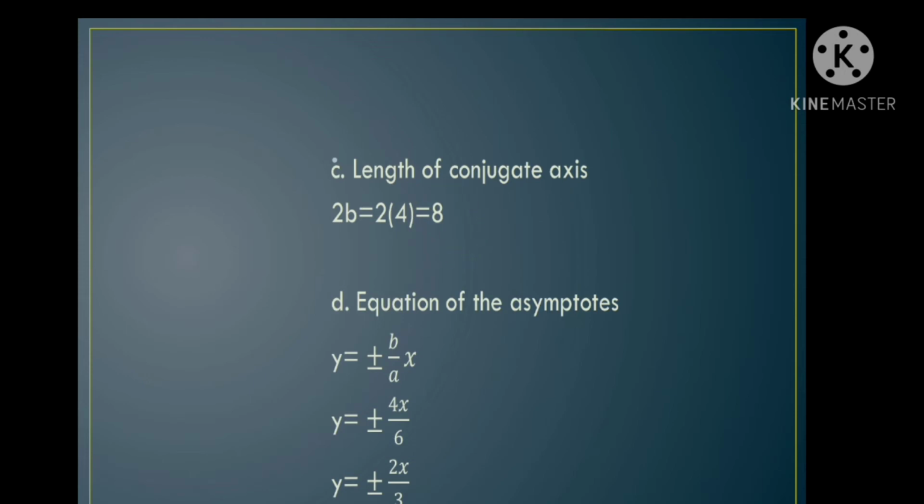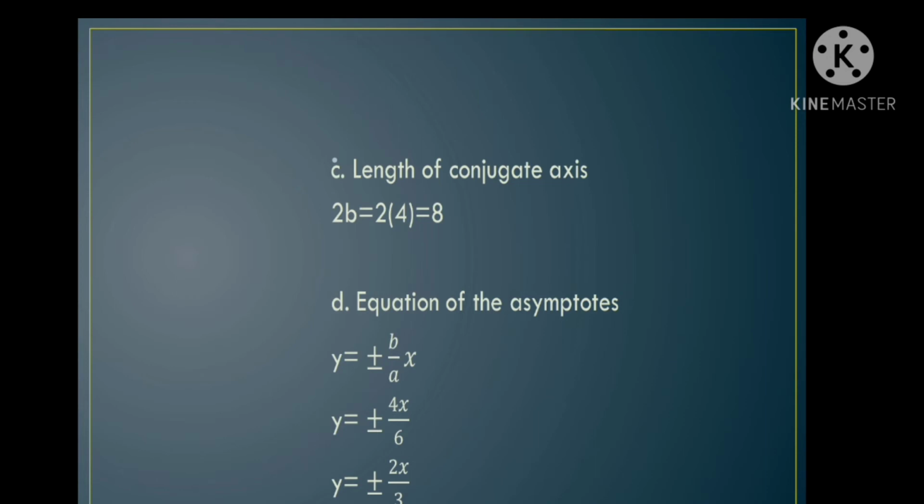So next is the equation of the asymptotes. y is equal to positive and negative b over a x. So you just substitute the given, then next is to get the lowest term.